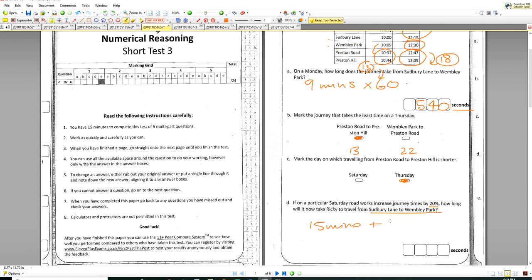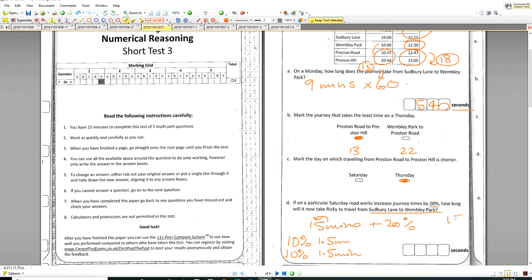And we have to increase this by 20%. So 15 minutes, if you work out 10% first of all, that will give you 1.5 minutes because it's dividing by 10. If I want another 10% to make the 20%, I need another 1.5 minutes.